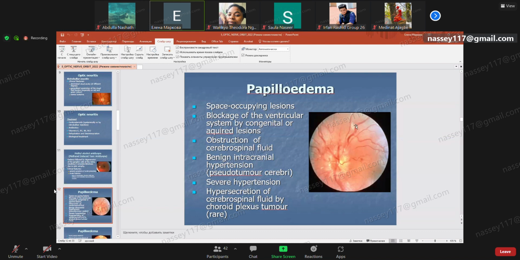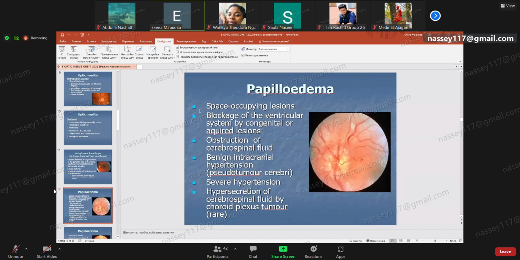Papilledema may be inflammatory or non-inflammatory. Papilledema is defined as swelling of the optic nerve head secondary to raised intracranial pressure. Raised intracranial pressure may be caused by the following mechanisms. Let's list all these mechanisms.